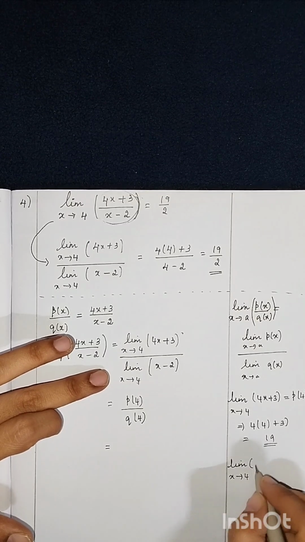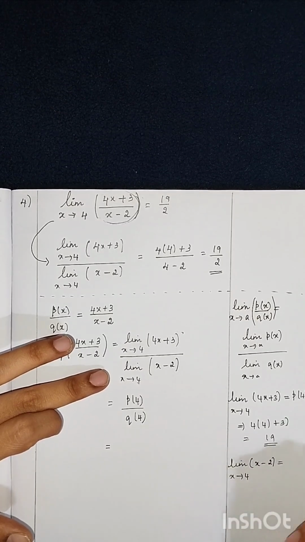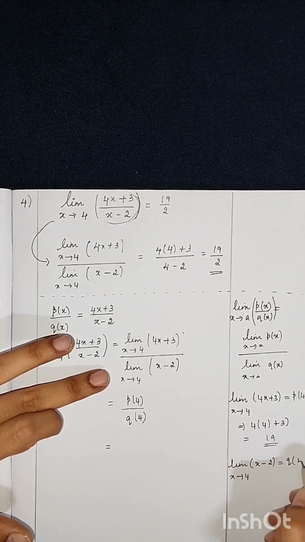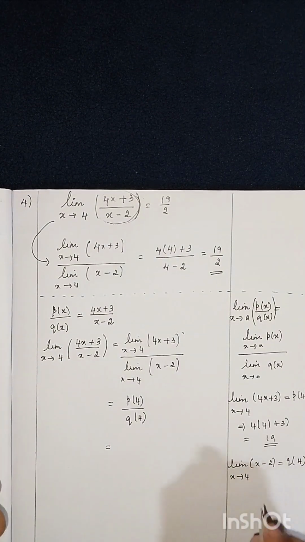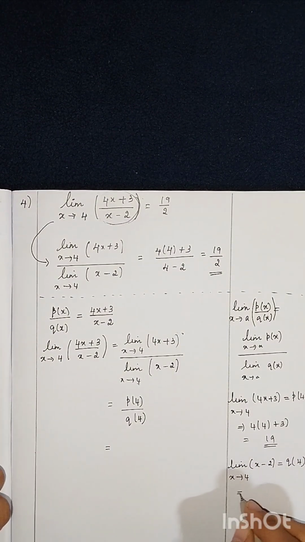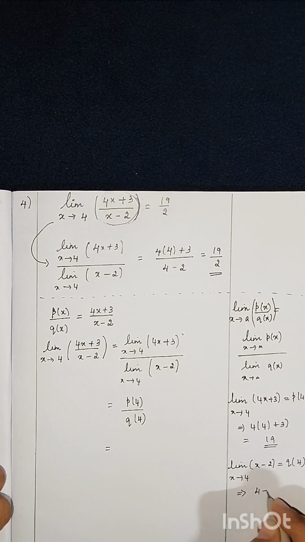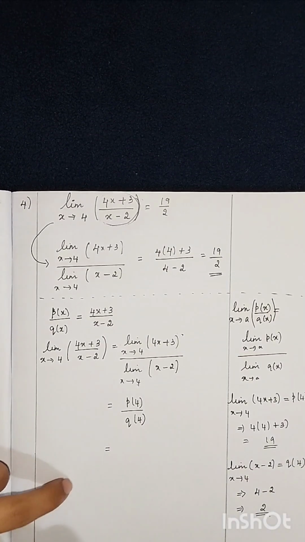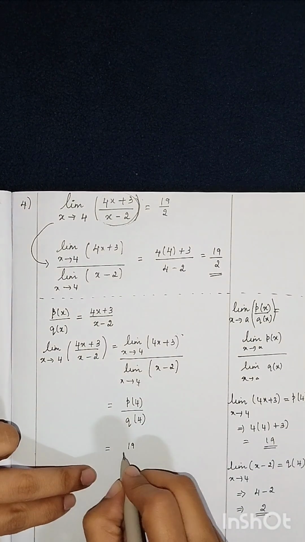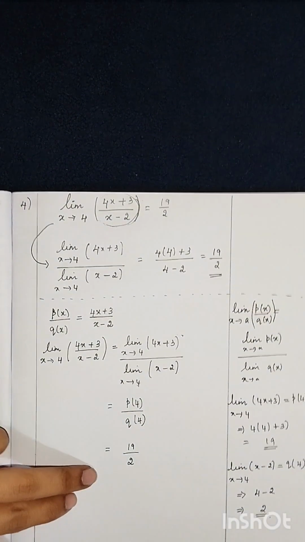Now we'll solve the denominator. Limit x tends to 4 of x minus 2 is equal to q of 4. Now in the place of x we will write 4, and 4 minus 2 is 2. So therefore the numerator is 19 and the denominator is 2.